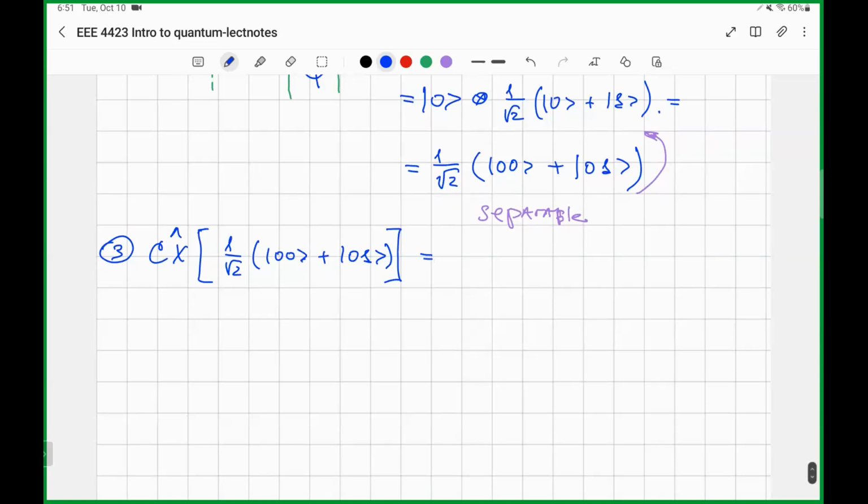Okay. So I just apply this Cx on both states, remembering that the first one here is control, this one is target. So for the first vector, control is 0. It means that it doesn't change the target. So for the first one, I write 0, 0. Nothing is changed. But now what happens to the second one? Control is 1. So I have to change the state of the target, which was 0. So now it's 1. So then I get state 1, 1.